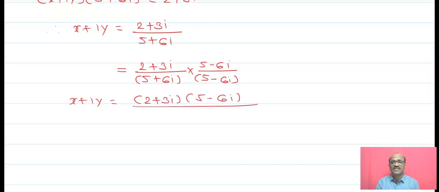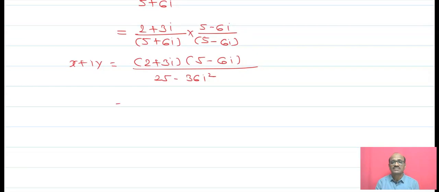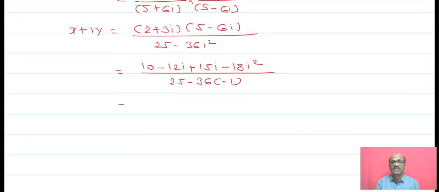And that's why you will get 25 minus 36i square in the denominator, and in the numerator their multiplication: 2 into 5 is 10, minus 12i plus 15i minus 18i square, over 25 minus 36 into minus 1.